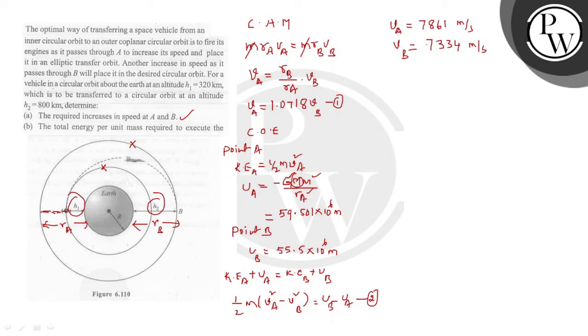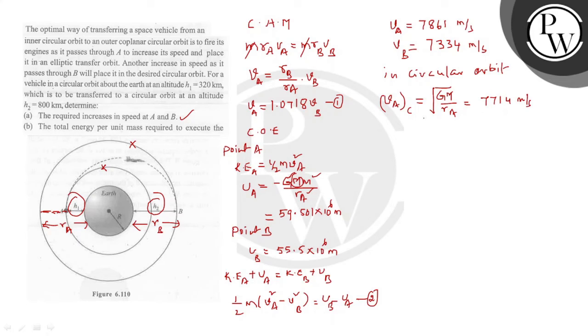No. In a circular orbit I need the velocity. So velocity at A for circular orbit is the square root of GM by RA. If I substitute the values, it is 7714 meters per second.